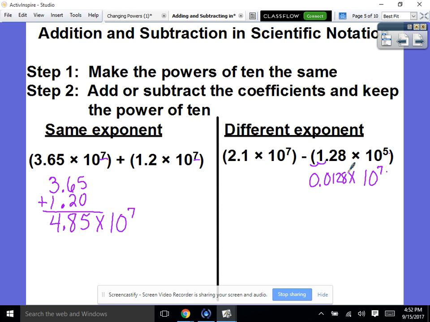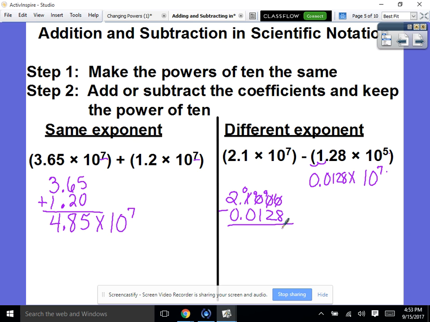So now I can subtract this. So I have 2.1 minus 0.0128. And I can fill in with zeros here. All right, so I know that this is going to be a 10, this will be a 9, this will be a 9, and this will be a 0.